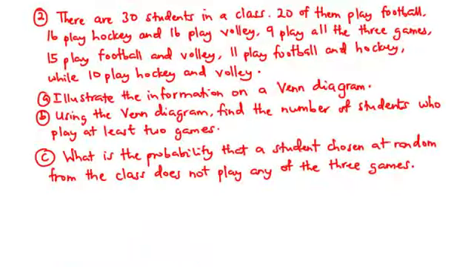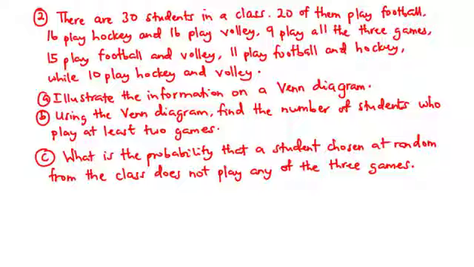So for the second question, there are 30 students in a class. 20 of them play football, 16 play hockey, and 16 play volley. 9 play all the 3 games. 15 play football and volley. 11 play football and hockey, while 10 play hockey and volley.